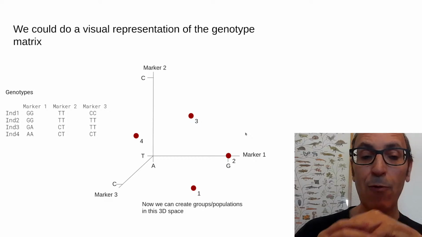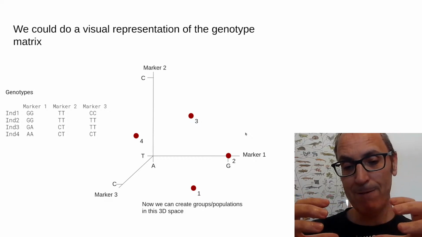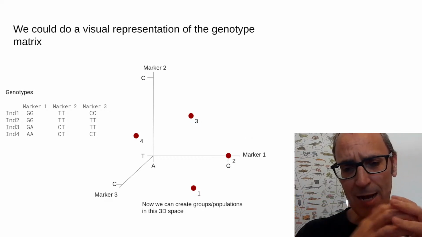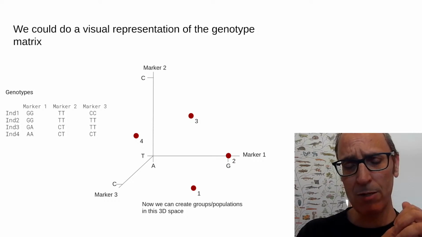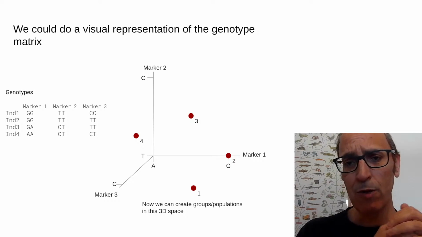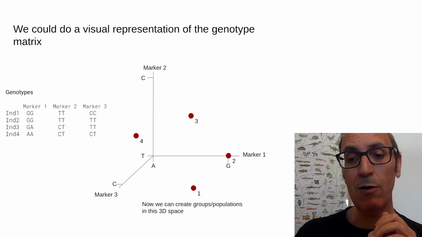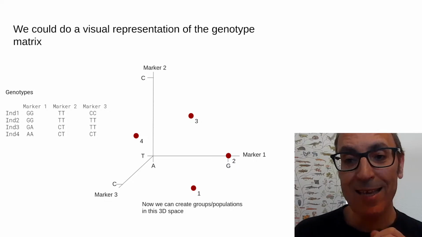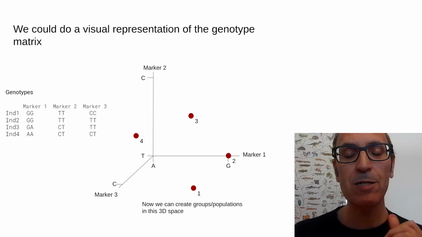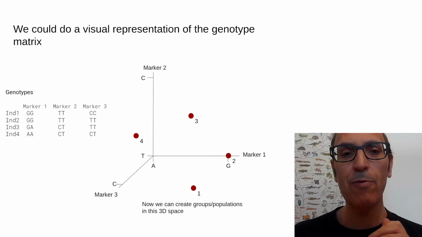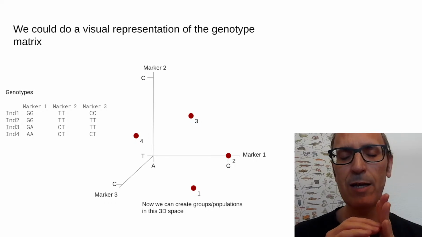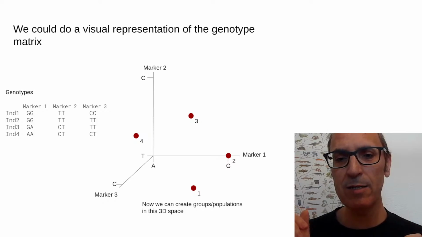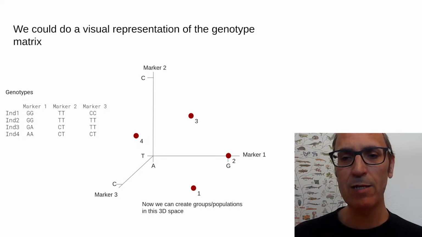And if we have clumps, if we have clusters, we could decide that these clusters are our populations. The problem with this approach, of course, is that it will work only for 3 markers, because we are using axes for markers, and if we have more than 3 markers, we have more than 3 axes, and it's very difficult to visualize more than 3 dimensions.